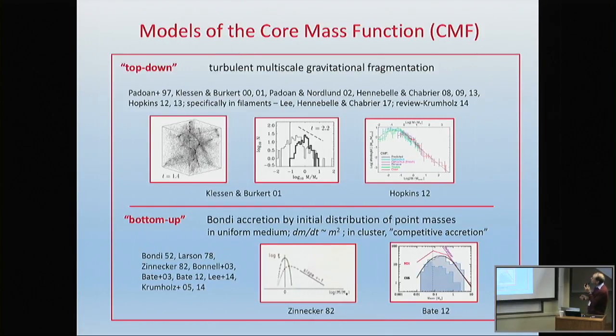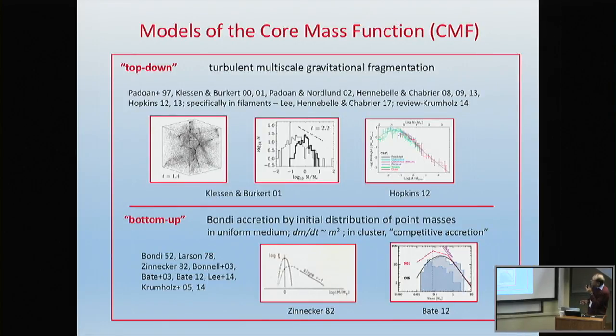And we've known for a long time that supersonic turbulence is a great way to make filamentary structures and also cores within them, and that they have a substantial spread in mass. And this has been supplemented in recent years by some nice analytical theories of the core mass function, which do resemble the observations in many regions based on this multi-scale gravitational fragmentation.